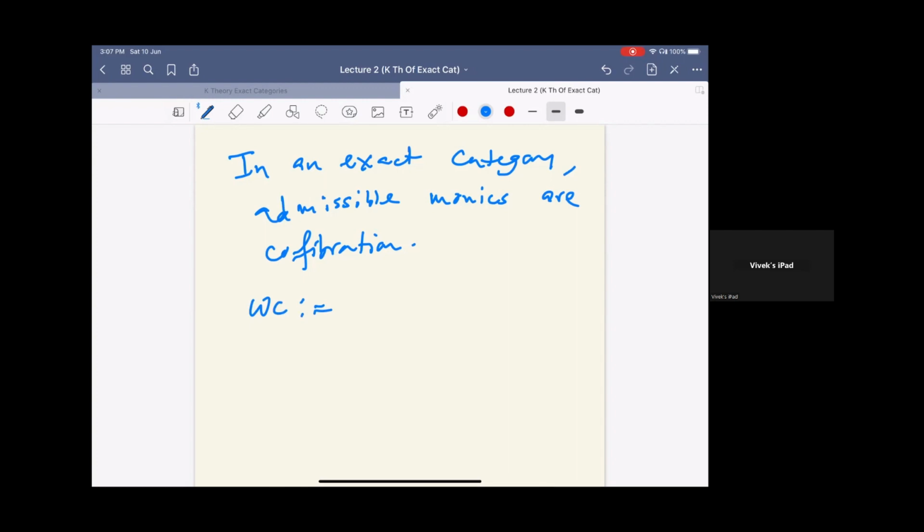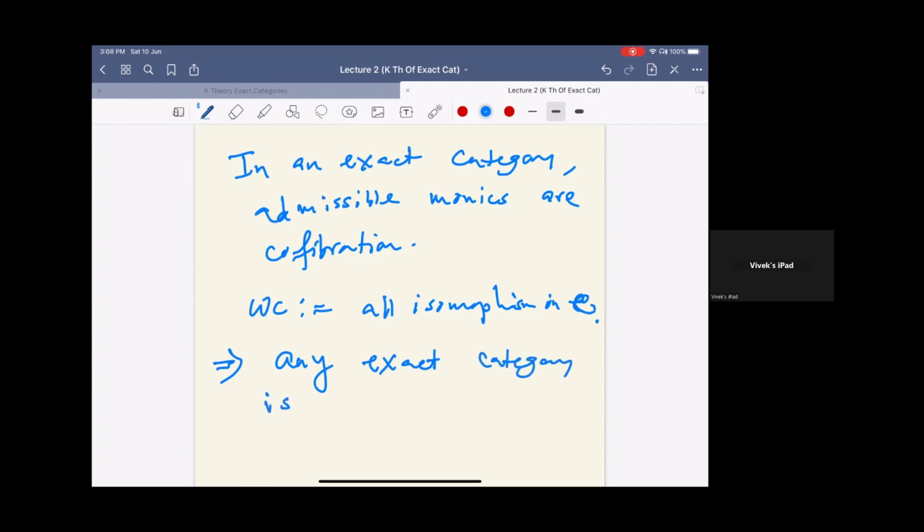This is the minimal choice of equivalence, all isomorphisms in the category C. If you take all the isomorphisms, then it satisfies the properties which we expect. So this is the minimal choice of weak equivalence. Basically, this implies that any exact category is a Waldhausen category, by choosing admissible monics as cofibrations and all isomorphisms as weak equivalences.